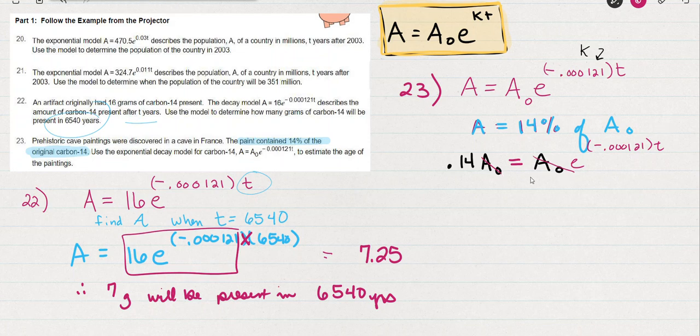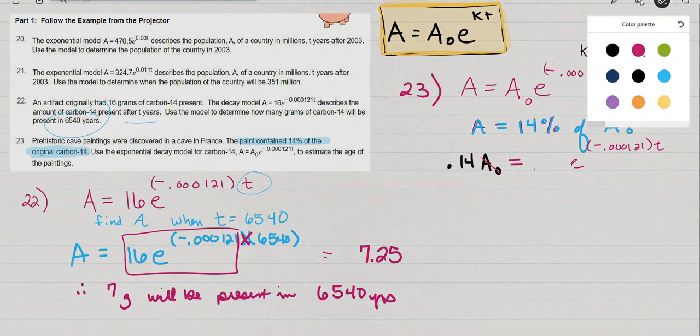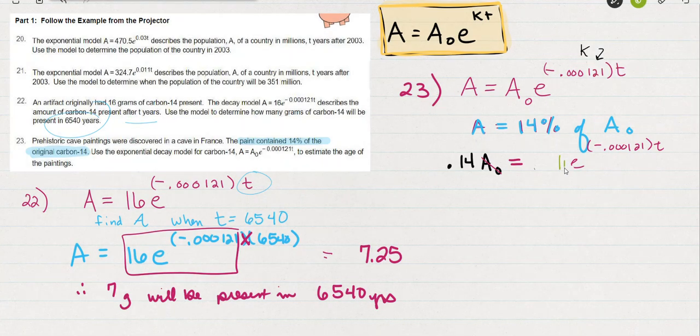So now I've got 0.14 equals e to this exponent. To get the t down from that exponent, I'm going to take the natural log of both sides. And when I take the natural log of both sides, this exponent falls down in front. So I would be able to then solve for t. Now the natural log of e is just 1, so it goes away.